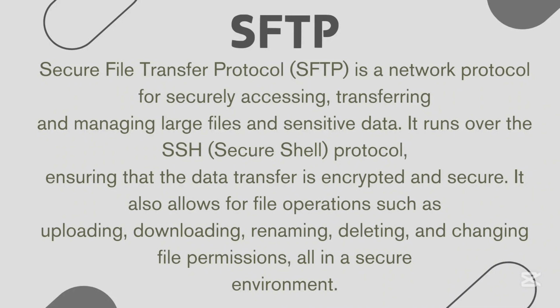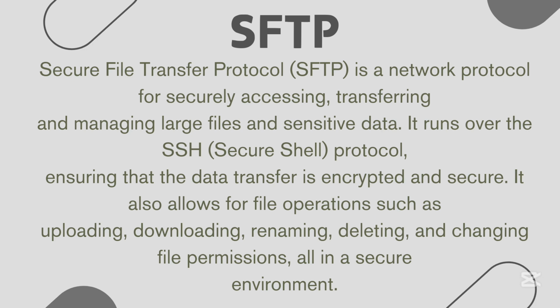Hi, my name is Mirsia Nawan, and I will continue this presentation by demonstrating the Secure File Transfer Protocol. Secure File Transfer Protocol (SFTP) is a network protocol for securely accessing, transferring, and managing large files and sensitive data.